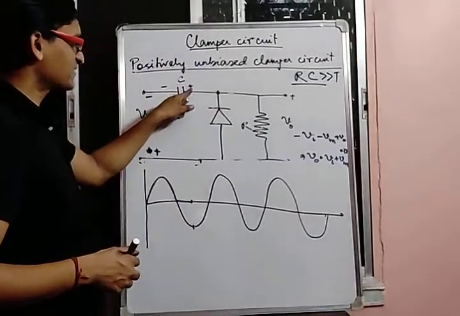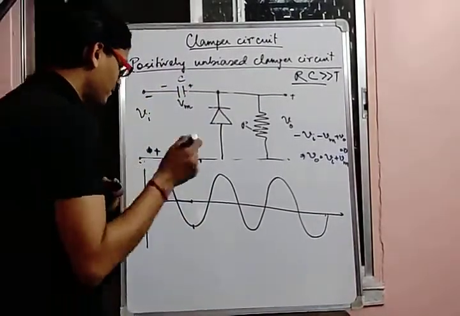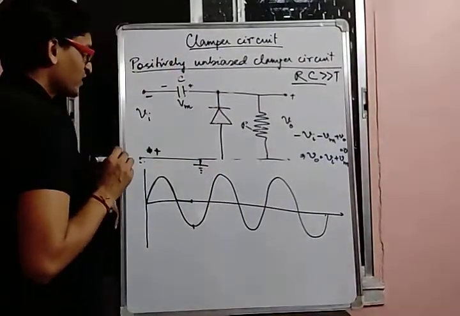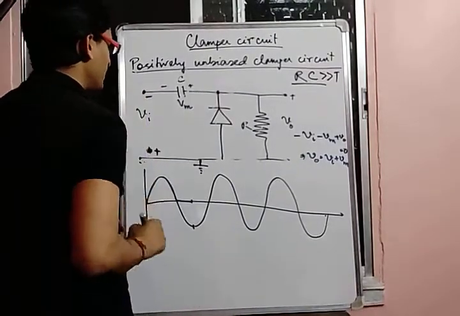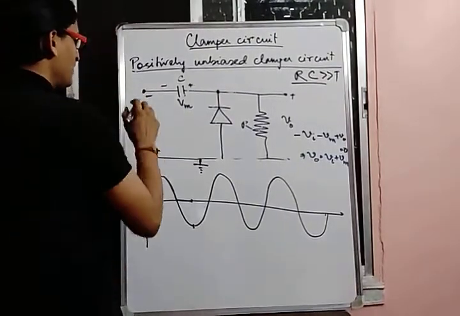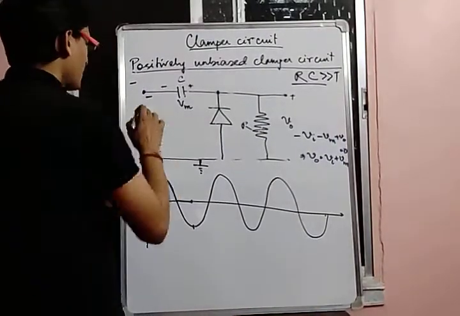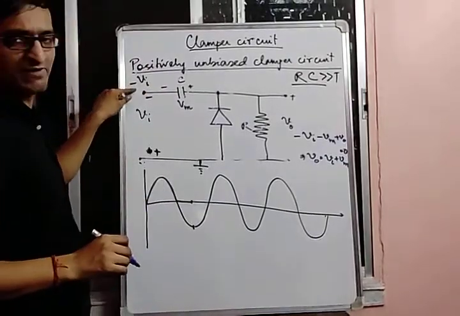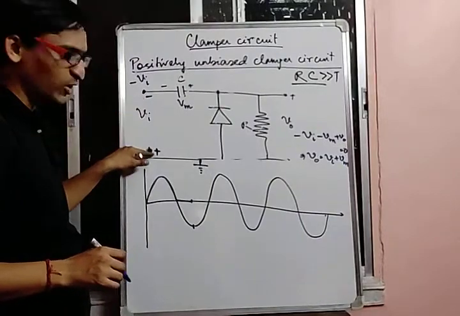This is plus, this is minus, and this is plus. Suppose we consider this one to be my reference voltage. If this is the reference voltage, then what will be the potential of this terminal? The potential of this terminal will be minus Vi, because you can see from the polarity that it's negative and it's positive.